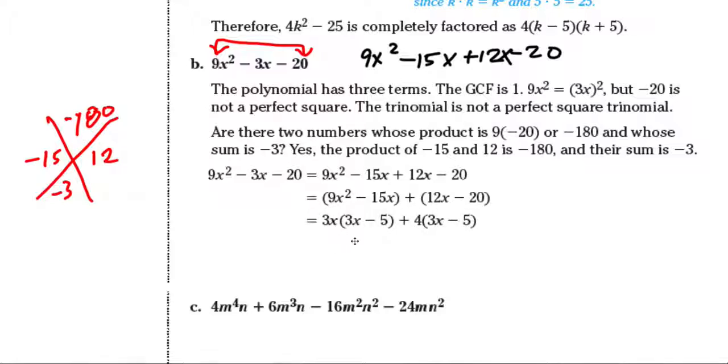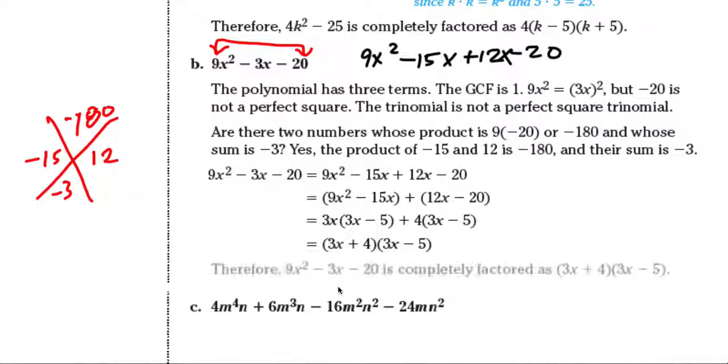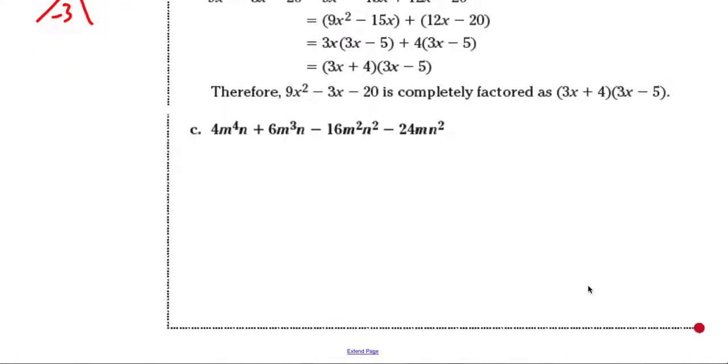Factor it out. And the GCF of 12x minus 20 is 4. Again, we factor it out. You now have 3x times 3x minus 5 and 4 times 3x minus 5. Using the distributive property, that's our A, and that's our B, and this is our C. So we have 3x plus 4 times 3x minus 5. So therefore, the completely factored form of this polynomial will be 3x plus 4 times 3x minus 5.